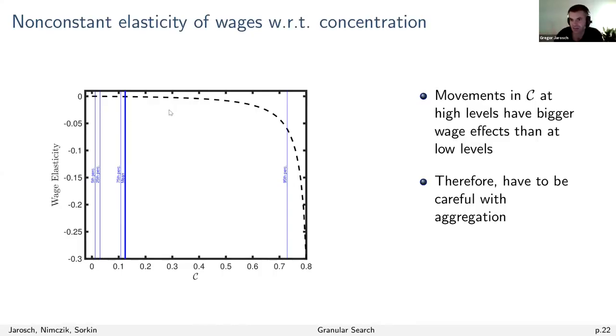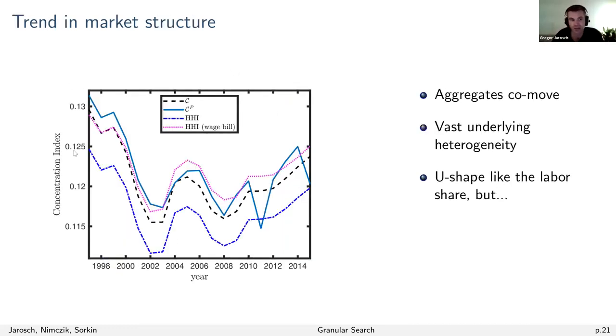This mechanism doesn't have a whole lot of bite for a fairly wide range of markets, and only in the markets where concentration is already fairly high is the elasticity really powerful. So to the extent that non-trivial things are happening within the distribution of markets, looking at these linearly aggregated indices and concluding that market power fell, then went up again, can potentially be quite misleading.